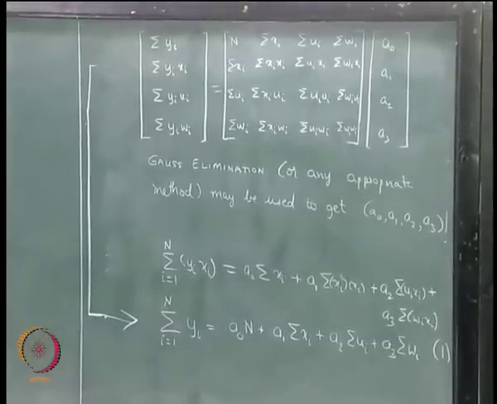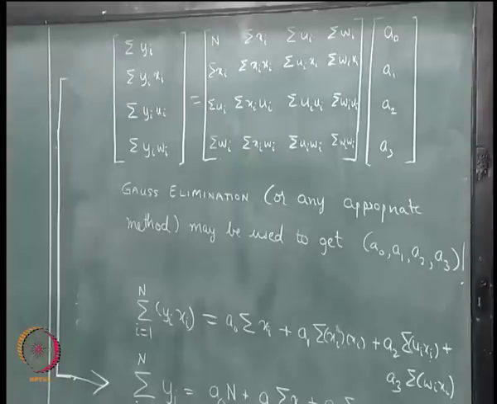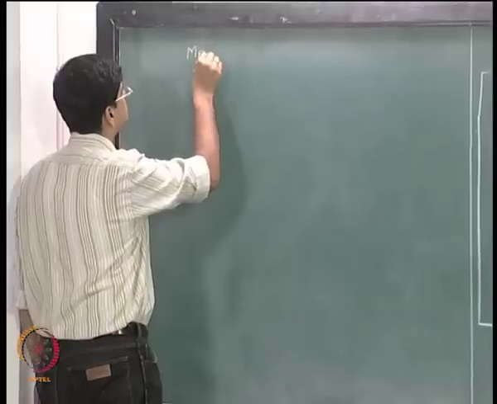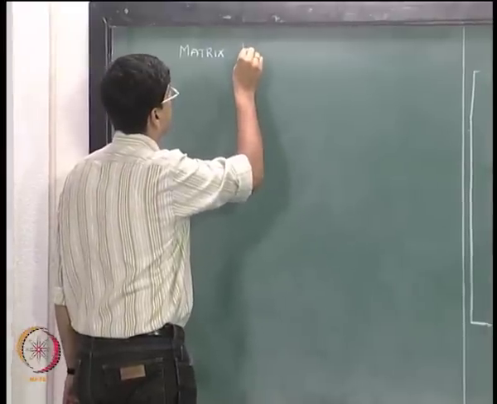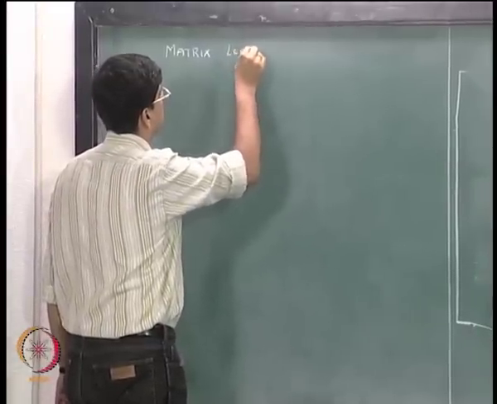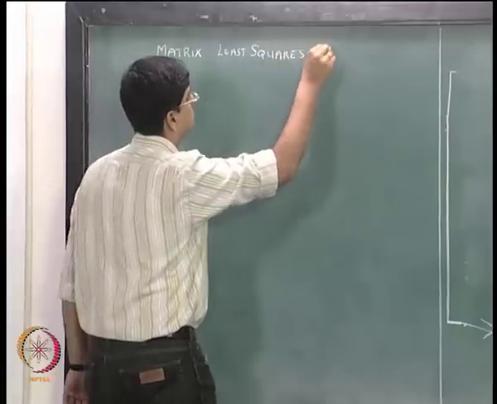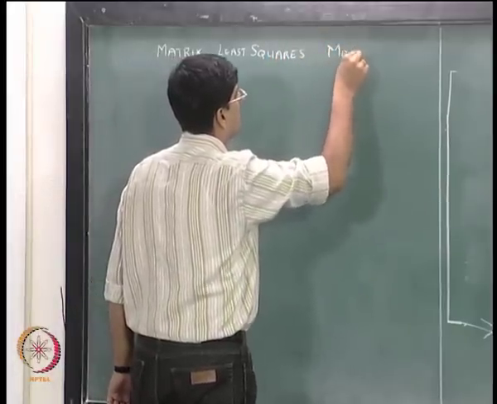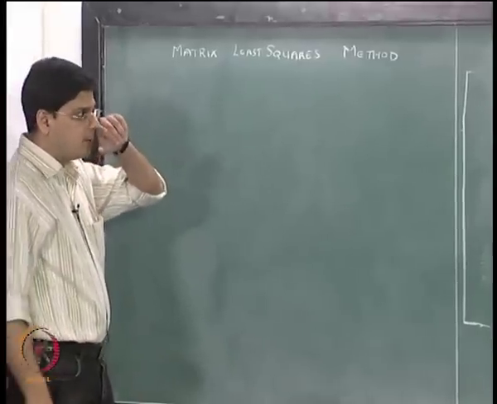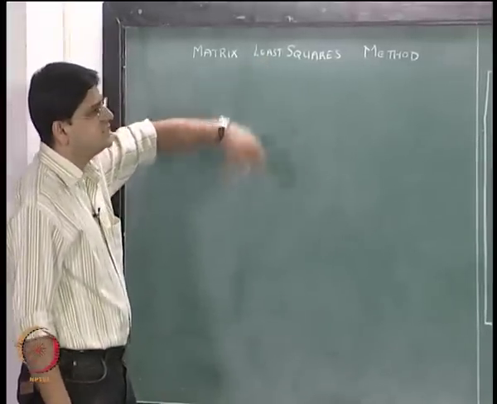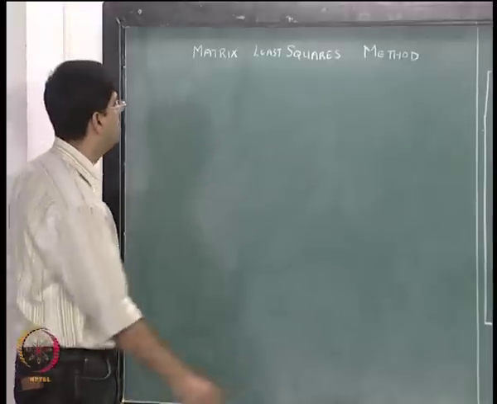Another way of writing the multilinear regression is using the matrix method. Okay, let us look at the problem in just two variables x and y, and then we will extend it to multiple variables.